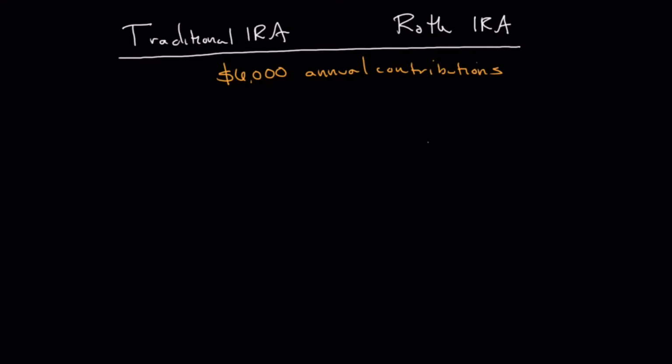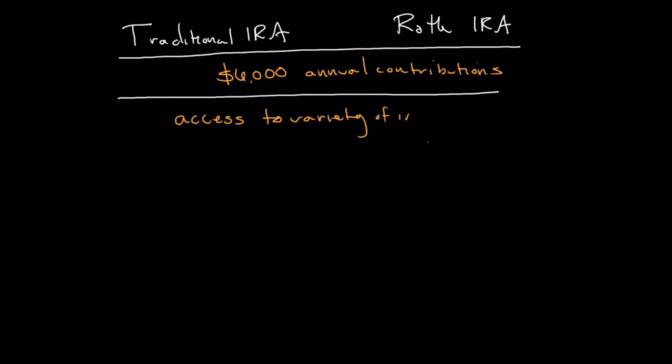In addition to the ability to contribute $6,000 annually, both traditional and Roth IRAs also give you access to a lot of different investment options. A common misconception with IRAs in general is that they are the investment in themselves. In reality, they are an account, and within that, you can incorporate a variety of investments.